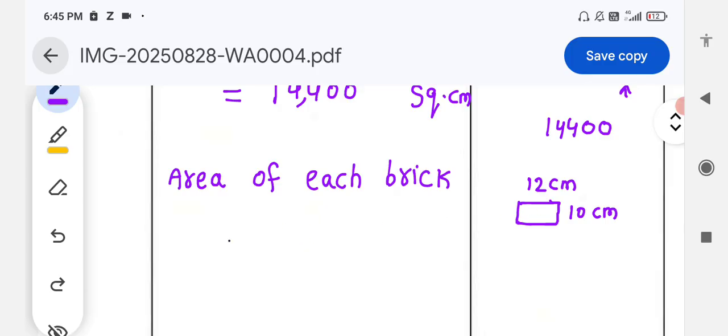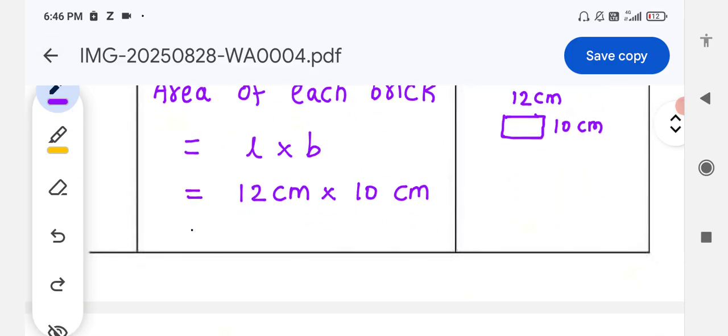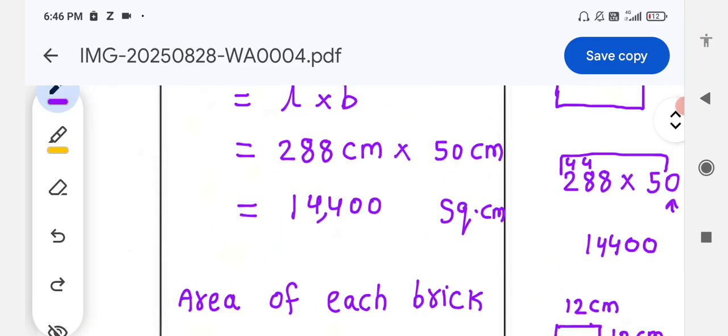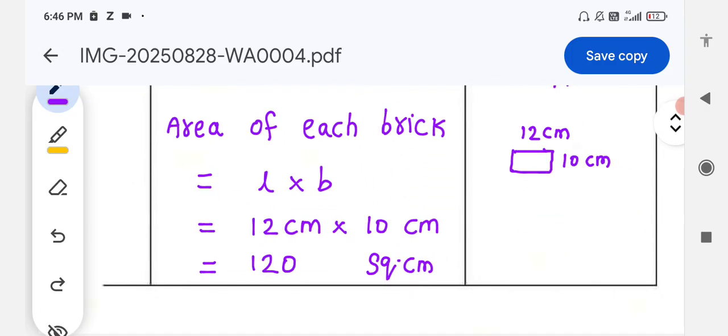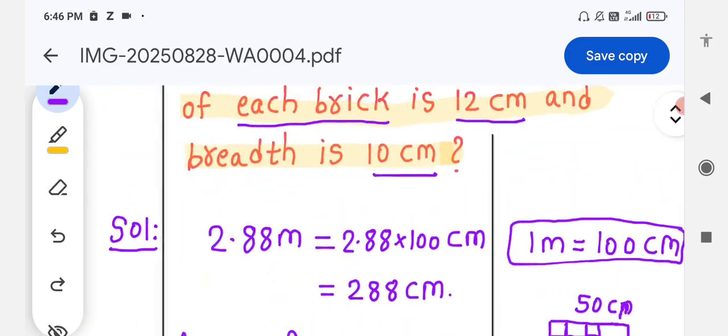Since 12 is not equal to 10, it's not a square shape. We consider it as a rectangle having the length as the longest side, 12 centimeters, and the breadth as the shorter side, 10 centimeters. The units of area will be square centimeters, and 12 tens are 120. Now we have the area of each brick, and also the total area of the wall. What do we need to find?